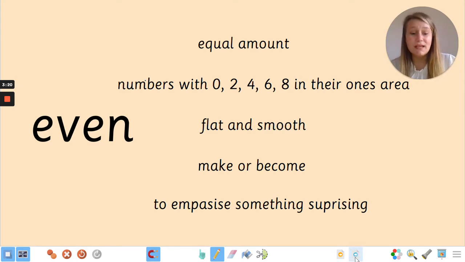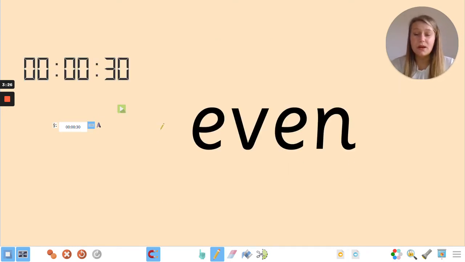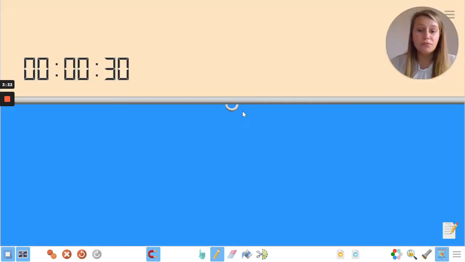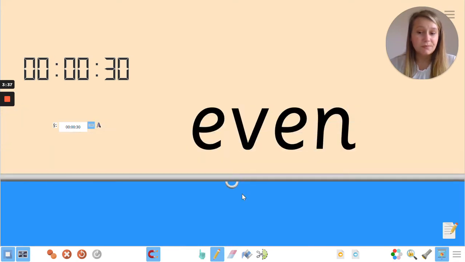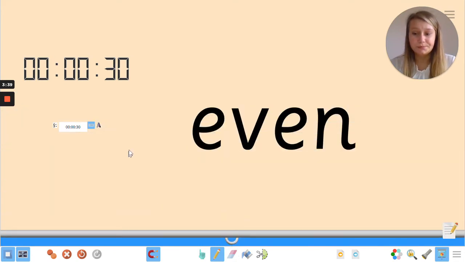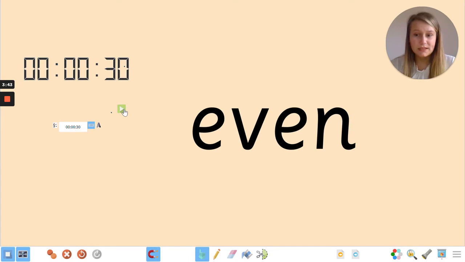So I would love to see how many different ways you can use this word in your challenge at the end. Okay, you know how things work with common exception words. You are going to have a timer, and I'd like to see how many times you can write this word in 30 seconds. Are you ready? Ready, set, go.